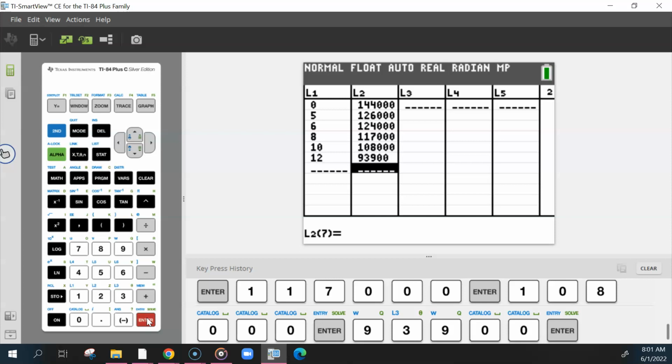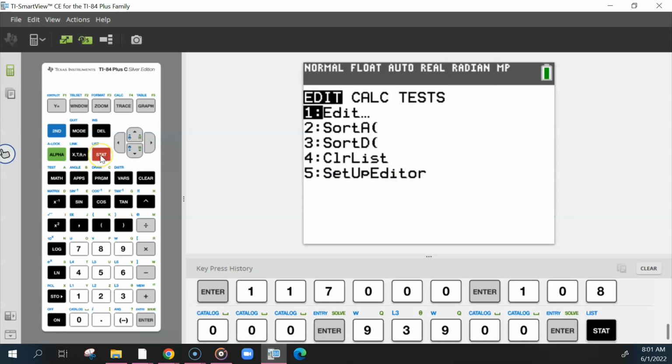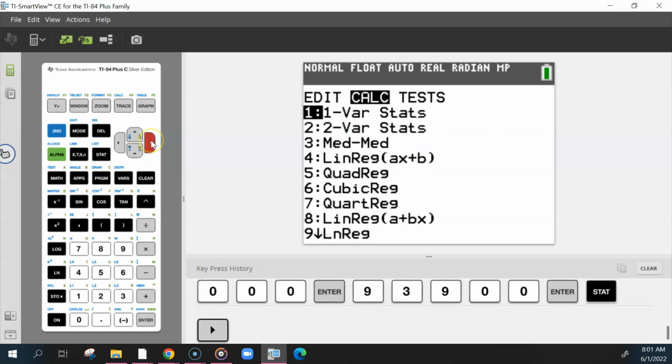After you have all of your data in, we're going to go back into Stat and then scroll to the right until you're on Calc. And then either hit or scroll down to number 4, linear regression.